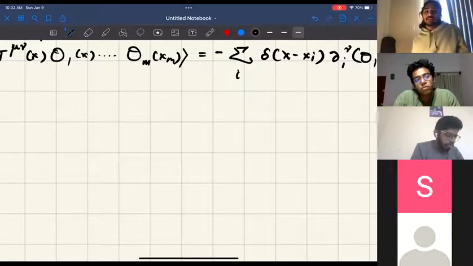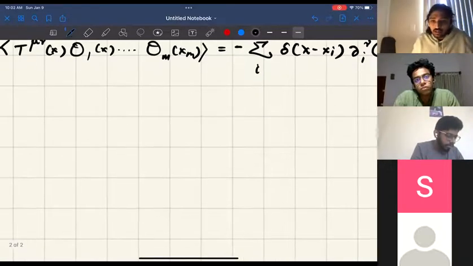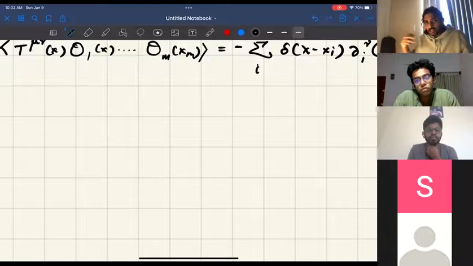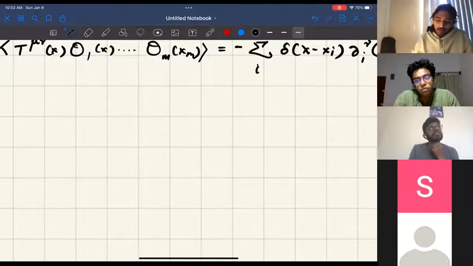So another thing that can be done is, when you have the Ward identity like this, we can pick some open ball. This is where the geometric picture comes in. That encloses some operator insertions.